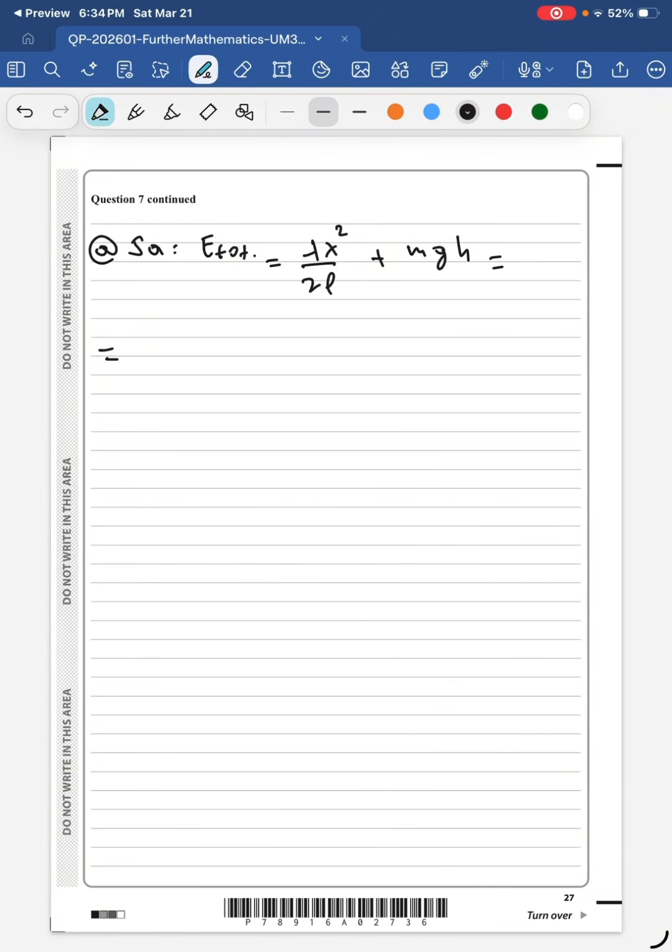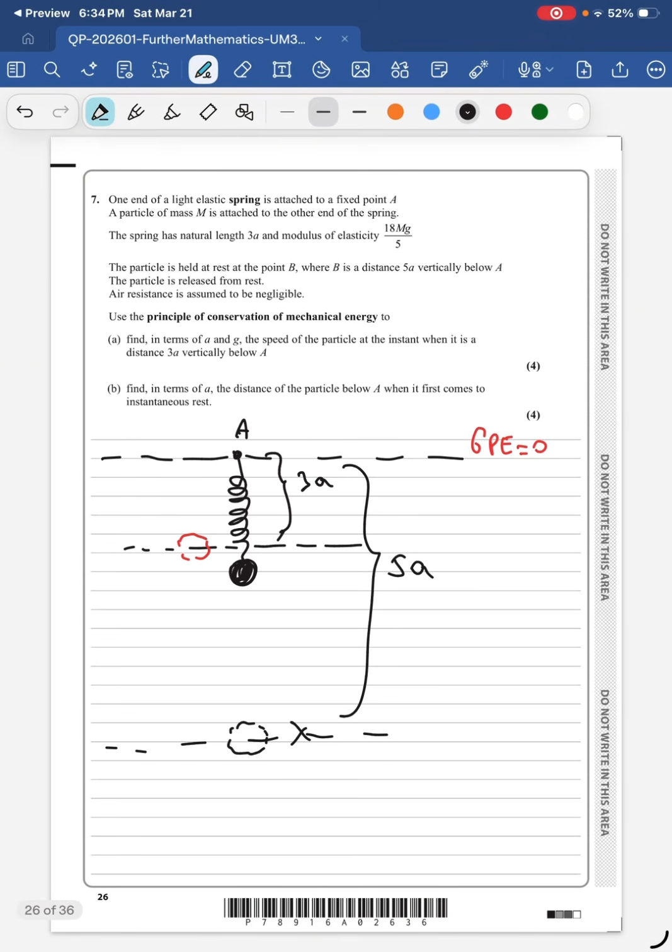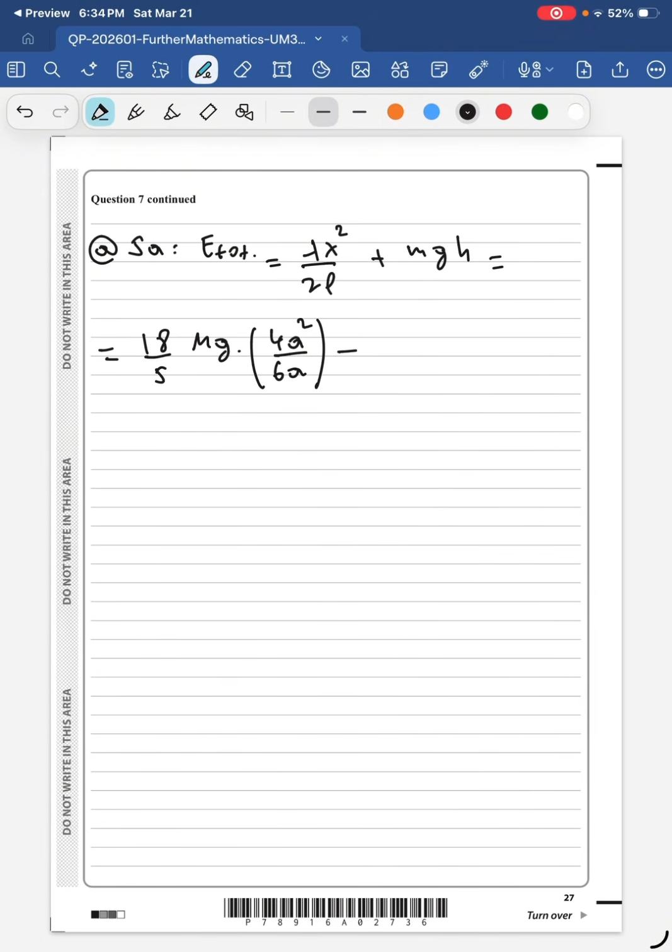Now, lambda is the modulus of elasticity, which is 18/5 mg, and x squared is 2a, so 4a squared, and then over 2L, that's 6a. And then we have to make the gravitational potential energy negative because it's 0 up here, so it's negative down here. So minus mg times 5a. So this is the concept I'm afraid of. I don't know if this is something you use at school, but it's totally fine, I guess.